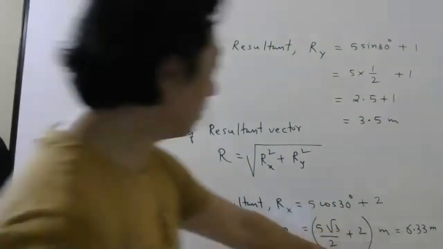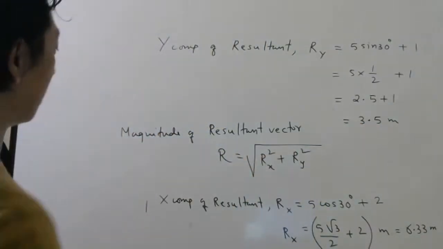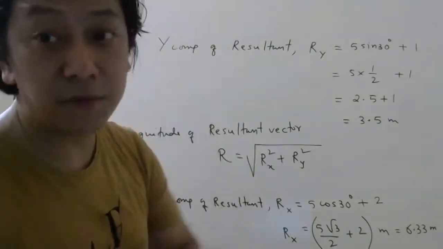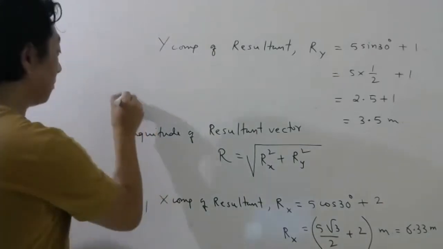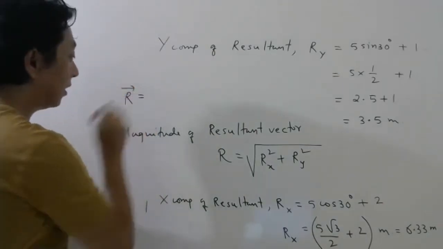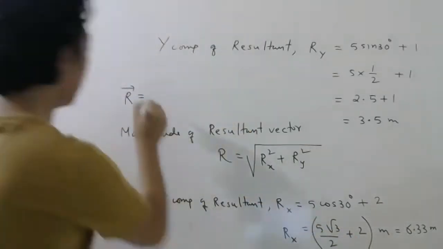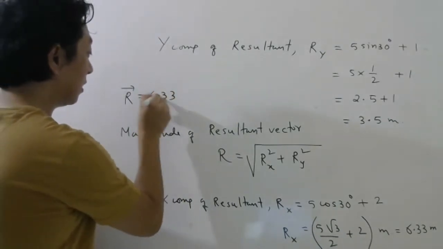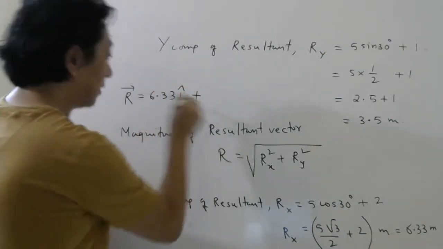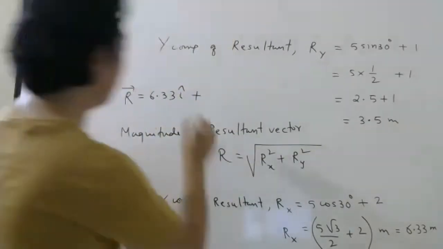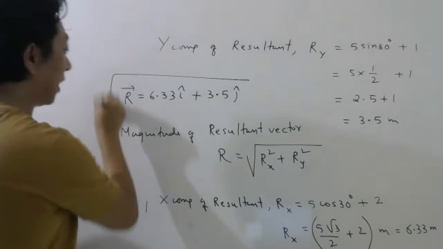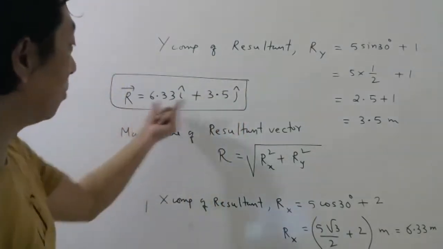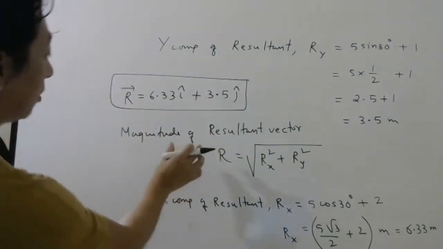Whenever you know x component and y component, this is how you should write. By the way, in vector form, suppose they ask you to write in MCQ. Suppose they ask you write vector form. Then how will you write in vector form? R bar. What is the x component? 6.33 I cap plus what is the y component? 3.5 j cap. So this is how you will write in vector form, in component form. Okay. But here they want only magnitude.